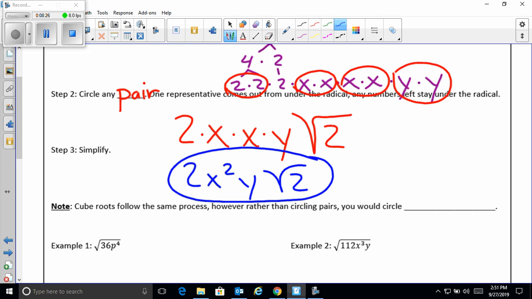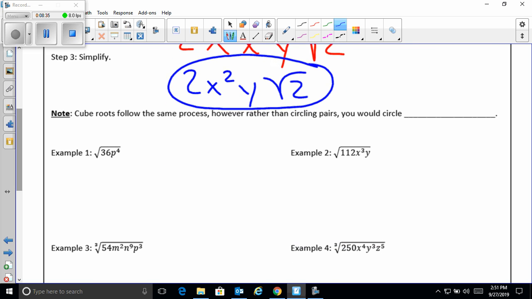Now, cube roots. Cube roots are the same, do the same thing, except we circle triplets. We're looking for triplets, groups of 3 amigos.